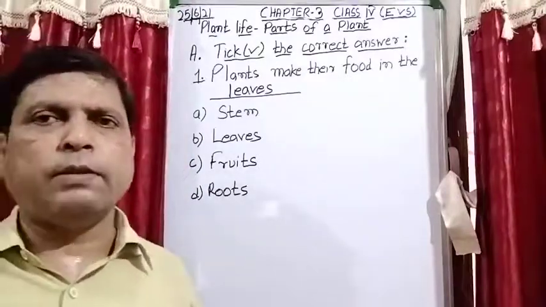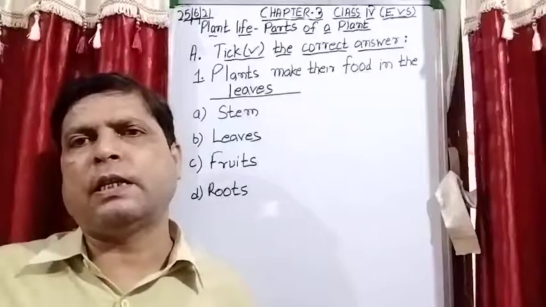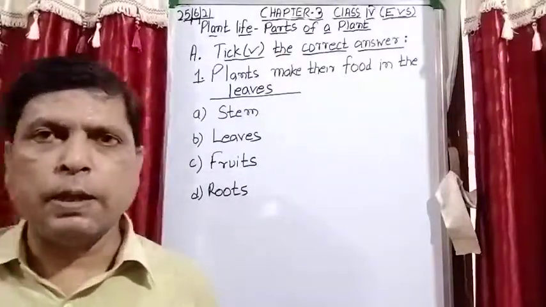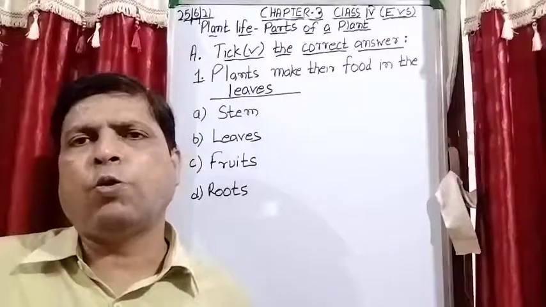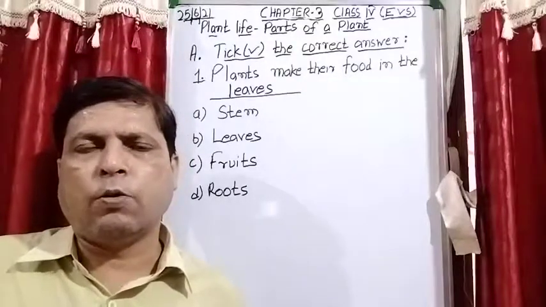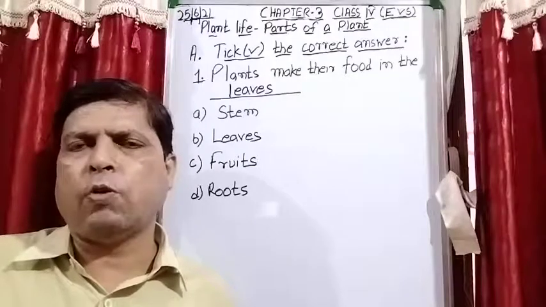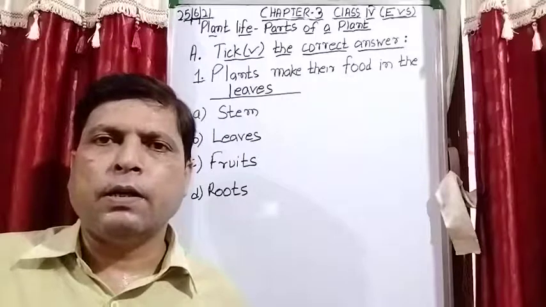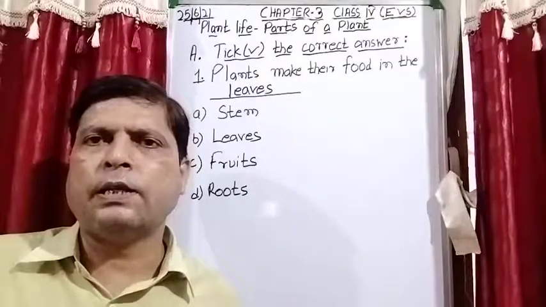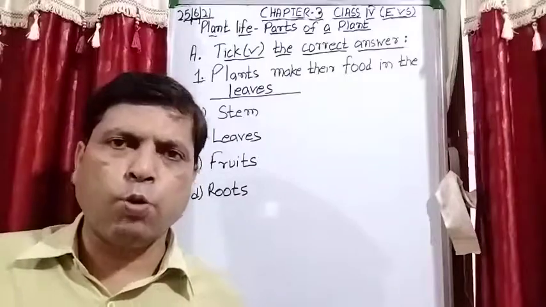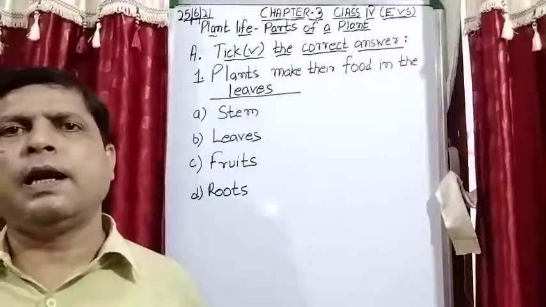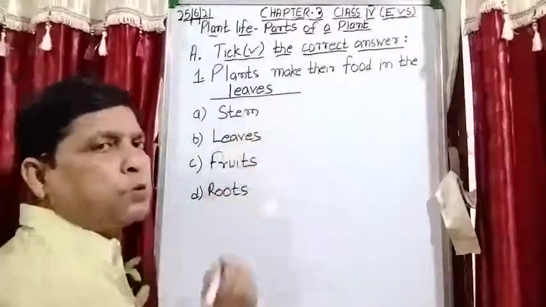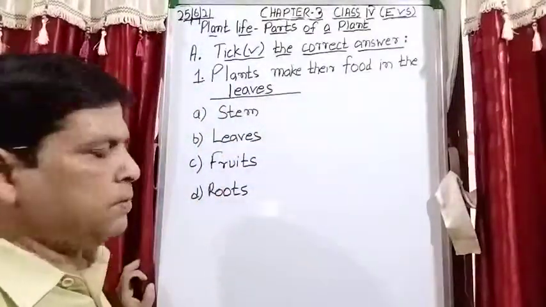This full process is known as photosynthesis, in which leaves prepare their own food using carbon dioxide and water in the presence of sunlight and chlorophyll, because chlorophyll absorbs the sunlight. So plants make their food in the leaves, so leaf is the right answer.